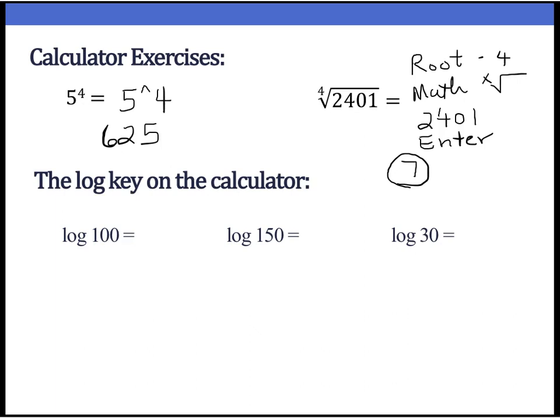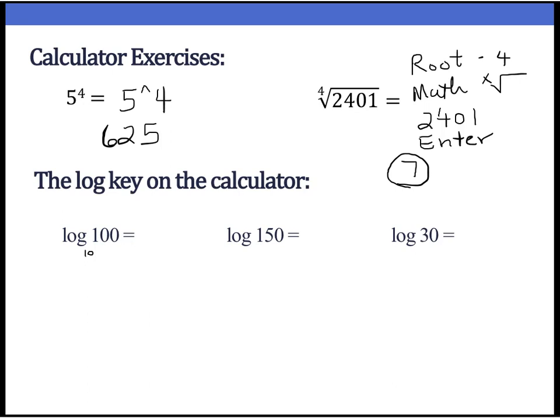Now the log key on a TI-81 or TI-83 calculator is down the left side of the calculator. It is the 4th button from the bottom, the button next to 7, or the button underneath the x squared. What we're looking for is the same as saying log base 10 of 100.